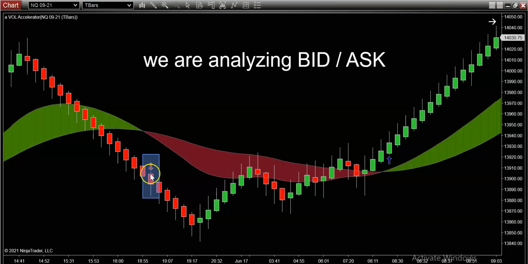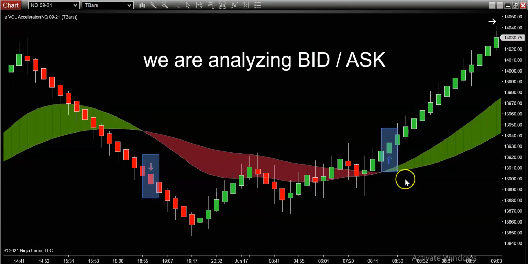Right on this bar over here, there was more volume hitting the bid than the ask. What does that mean? That means that guys were trying to get out of the market. They wanted to sell the market, and they were willing to accept any possible price. That is always the bid. Makes sense? I also call this panic selling. That's another way to look at it.